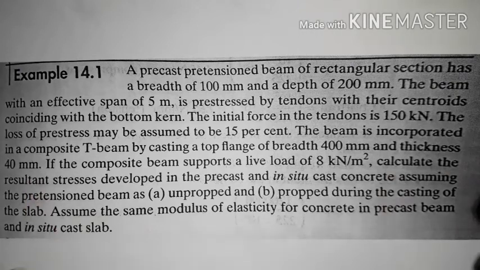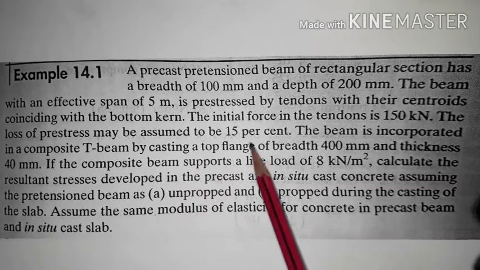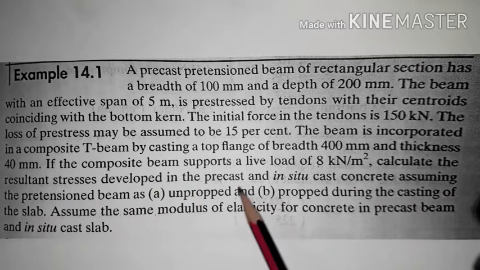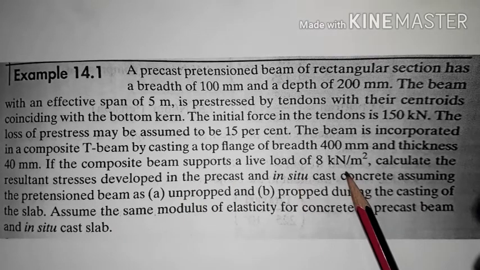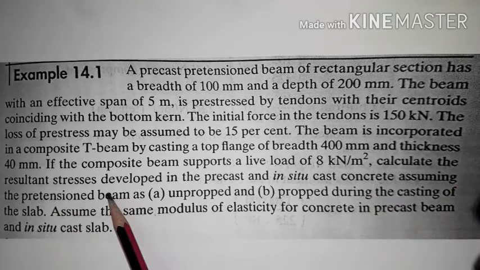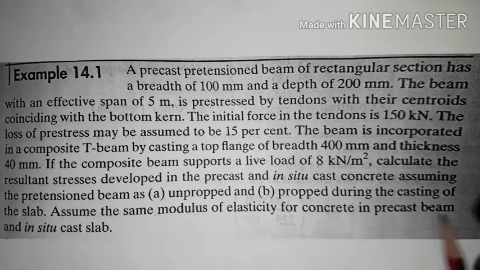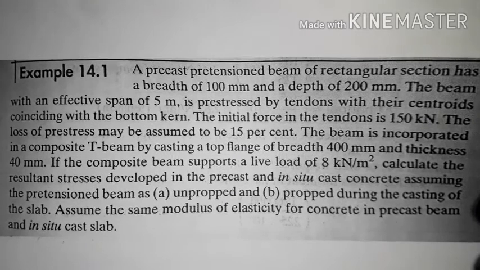If the composite beam supports a live load of 8 kN per meter square, calculate the resultant stress developed in the precast and in situ cast concrete, assuming the pretensioned beam as unpropped and propped during casting of the slab. Assume the same modulus of elasticity of concrete in the precast beam and in situ cast slab. So this is the given data.